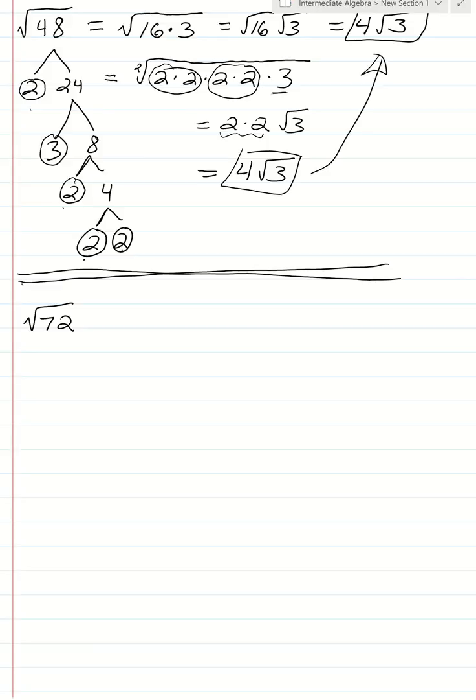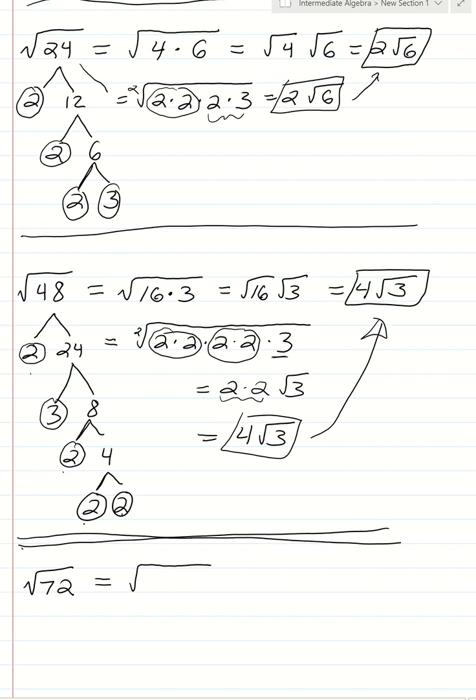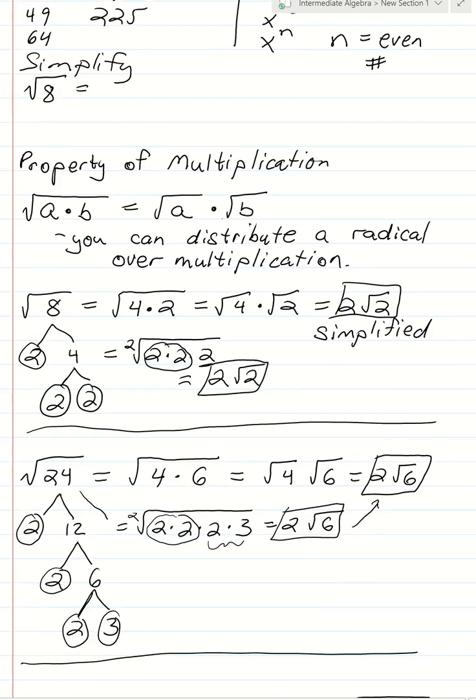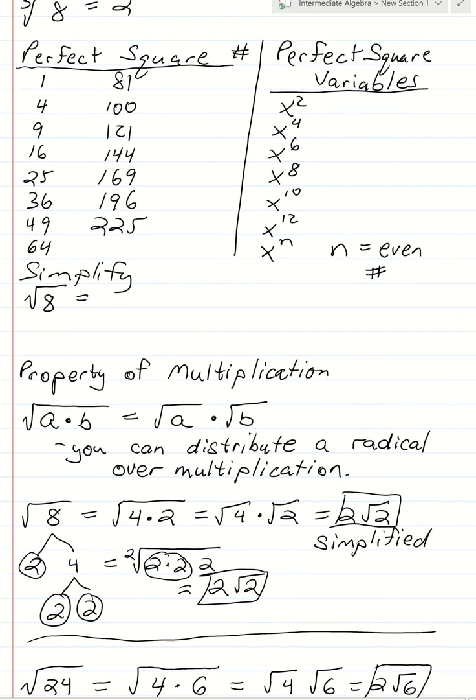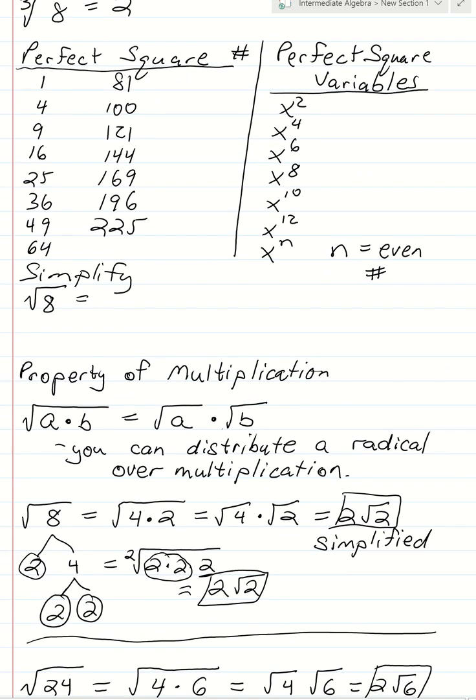Well, now that you've tried that problem on your own, let's see what the correct answer is. If I was to do it the first method, the square root of 72, I'm going to try to think of 2 numbers. If I look at my list of perfect square numbers, I want the largest perfect square that will go into 72.